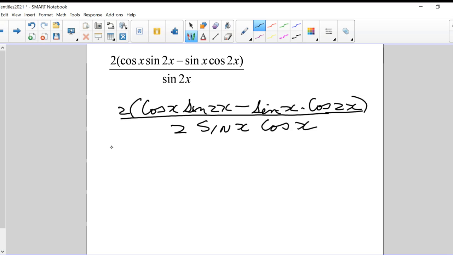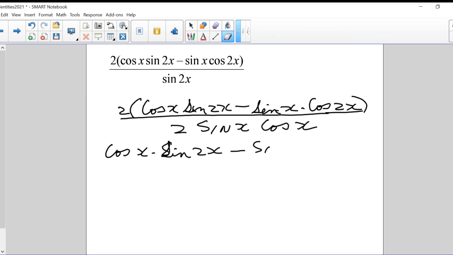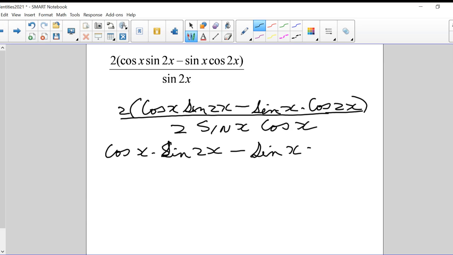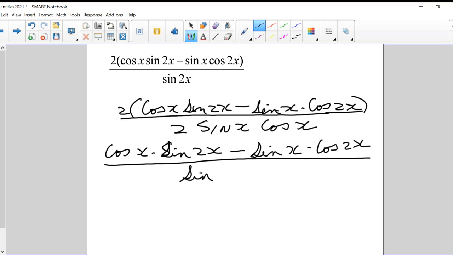So what I'm left with is cos x dot sine 2x minus sine x dot cos 2x all over just simply sine x dot cos x. Okay.